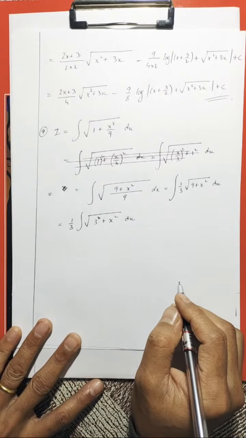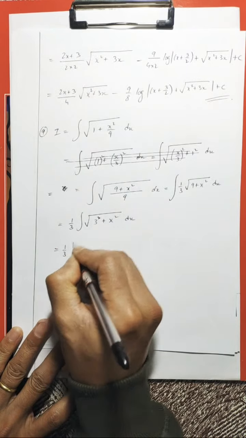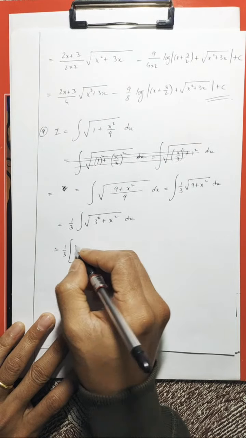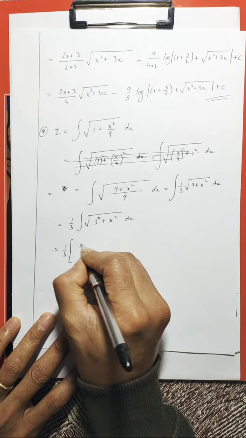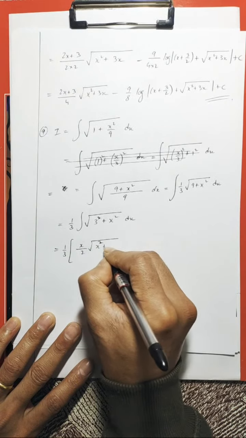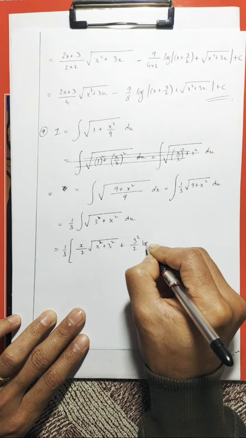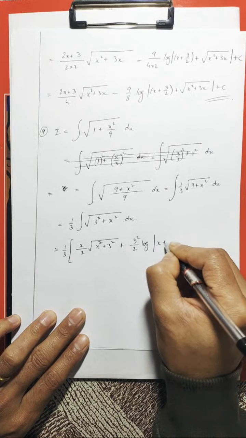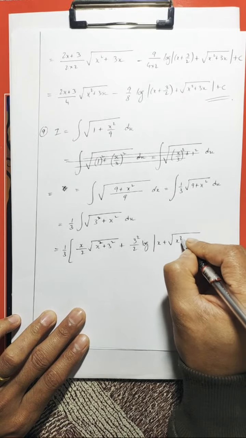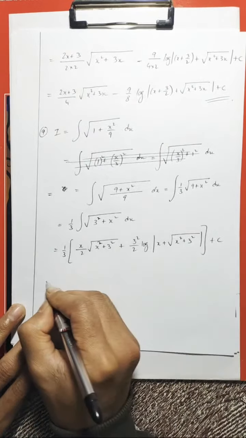Okay, 3 square plus x square. So 1 by 3 a square plus x square, or x square plus a square, that's x by 2 root over of x square plus a square plus a square by 2 log of x plus root over of x square plus a square plus c.